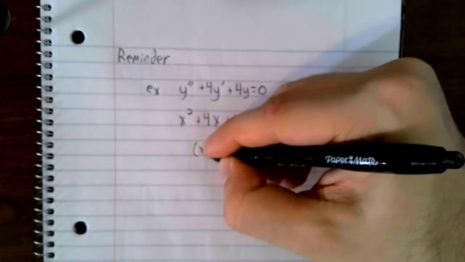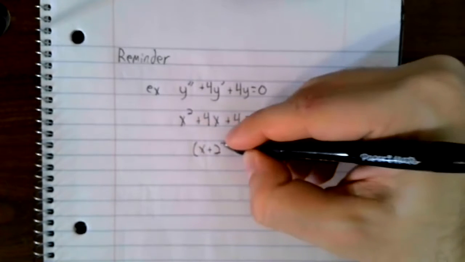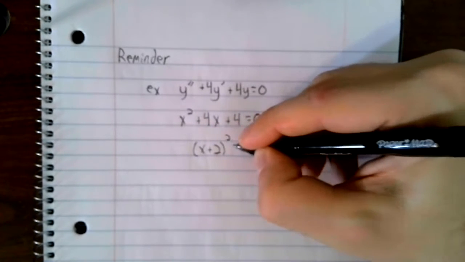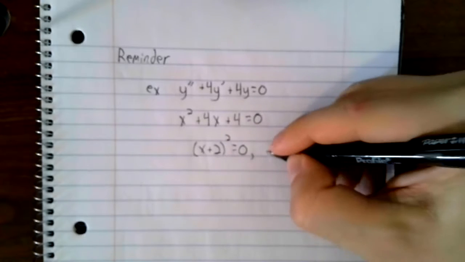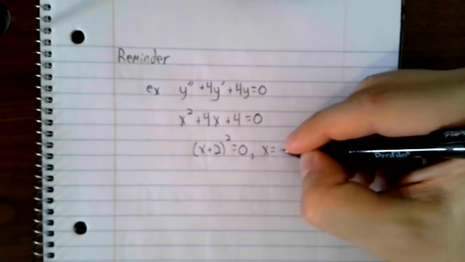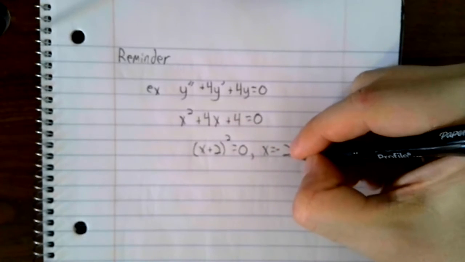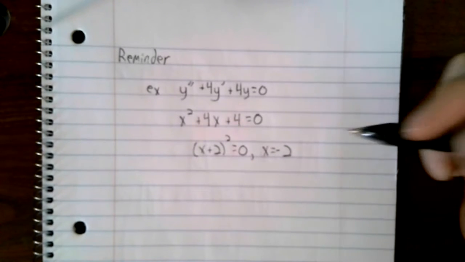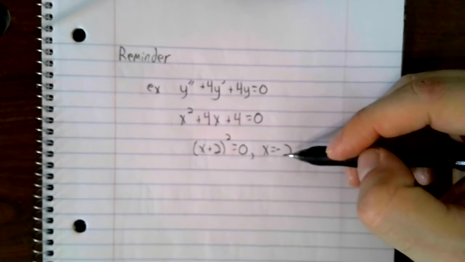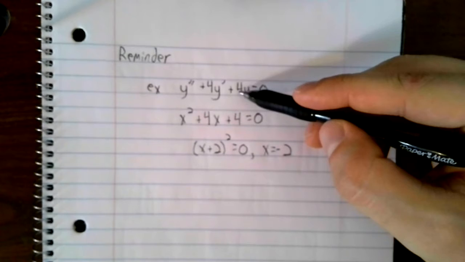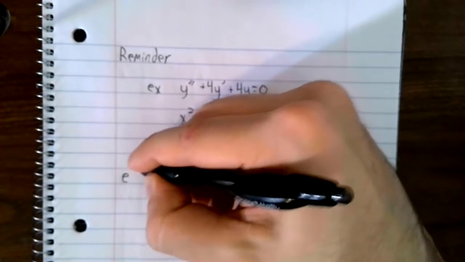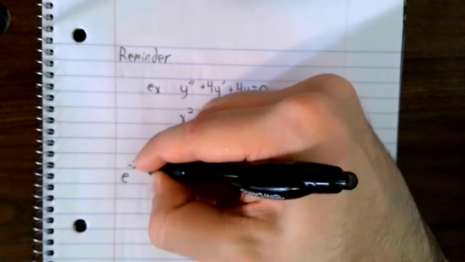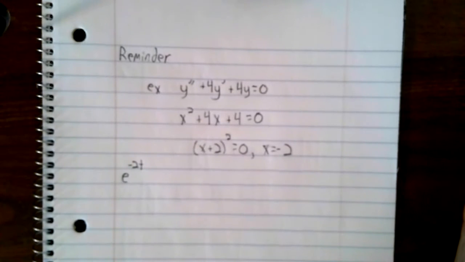In this case, (x plus 2) squared equals 0 to get a solution x equals -2, which gave us a solution to the differential equation, e to the -2t.